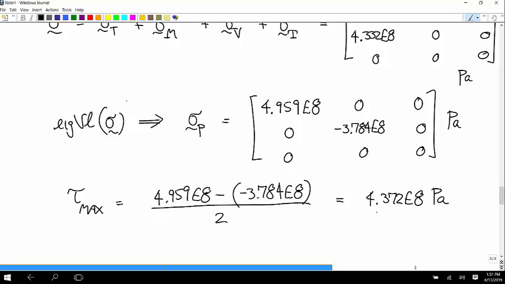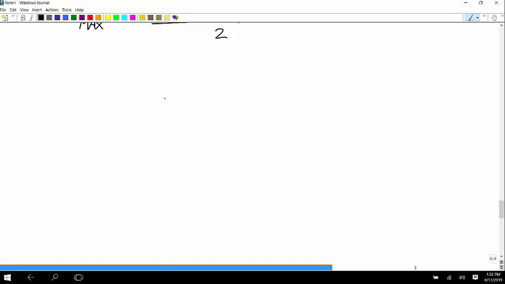Any questions? Okay, so let's say we have this. And let's say that we're looking at this. This is the point where we want to calculate it. So the capital coordinate system is always an outward-facing normal.